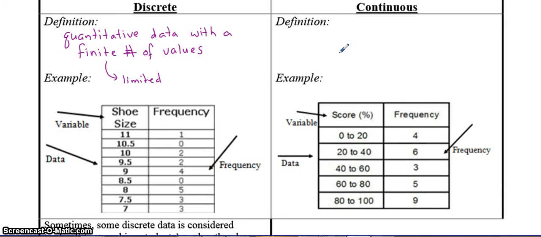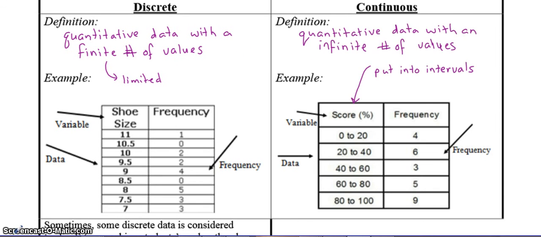Whereas continuous data is data that has an infinite number of values. Because they have an infinite number of values, your data is often put into intervals. So 0 to 20, 20 to 40, 40 to 60, etc. So you could have values of 2.9, 3.6, 10.45.